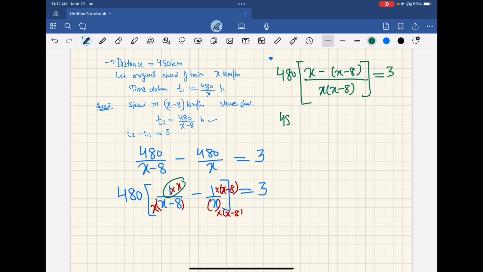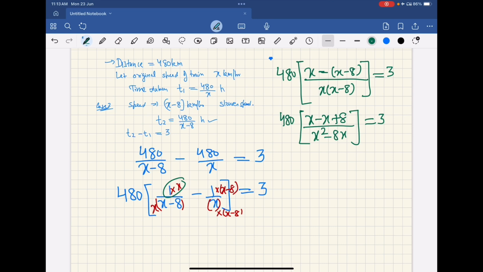So क्या बन जाएगा ये? 480. Now x, when you open the bracket, sign will change because there is a minus. So minus x plus 8. Denominator x into x is x square and minus 8x. और यहाँ हमें मिल गया 3.